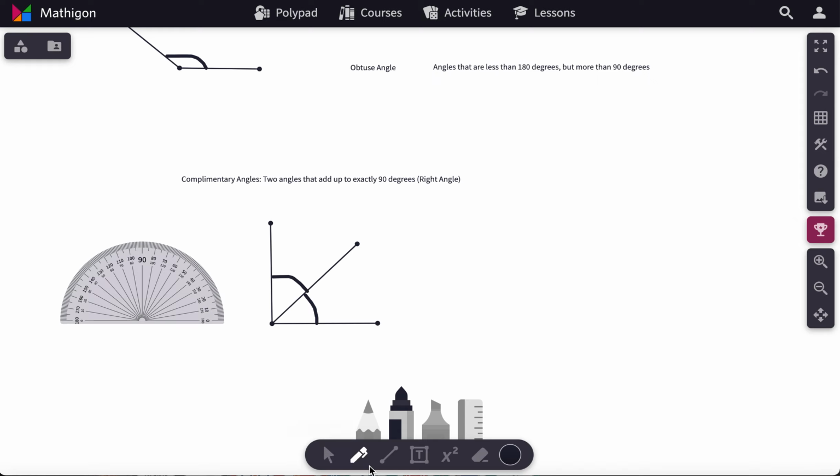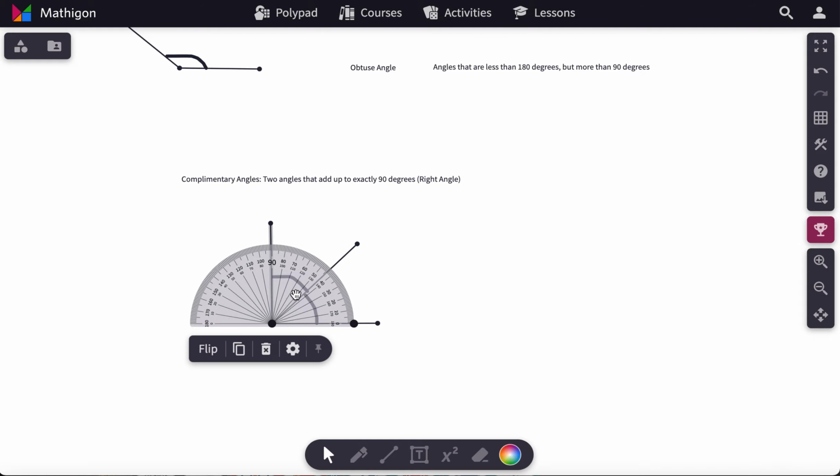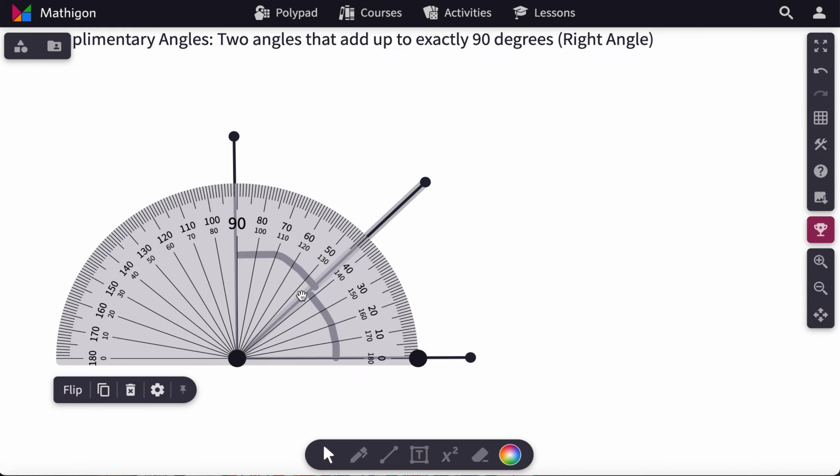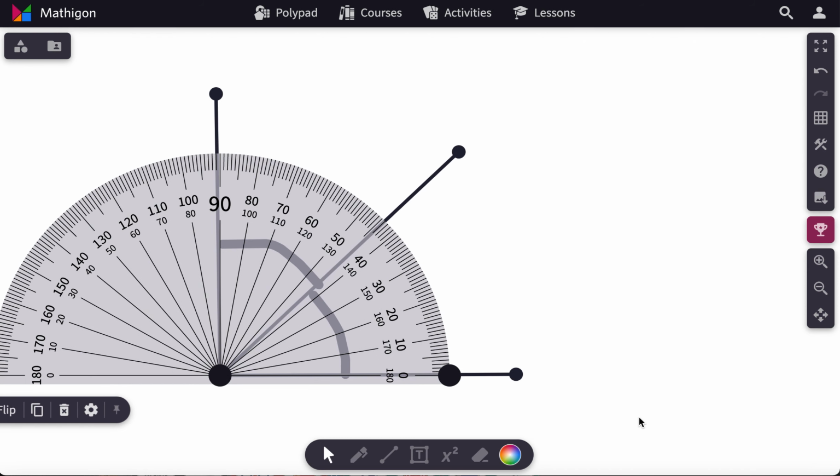And let's take a look. Let's move our protractor over this right here. And let's see this right here. Ooh, I was pretty close. It looks like I just created an angle that is 44 degrees right here.